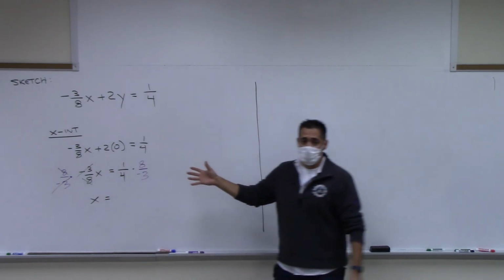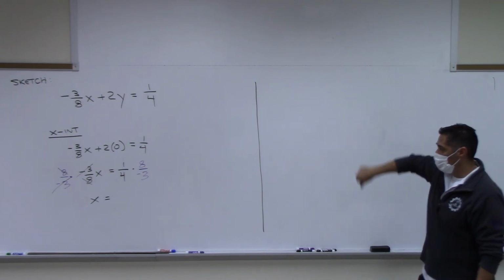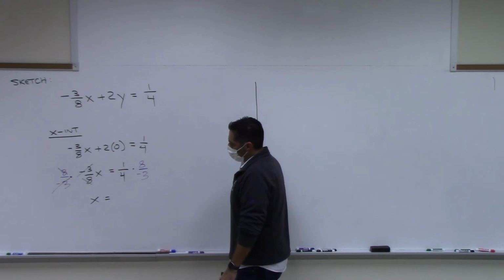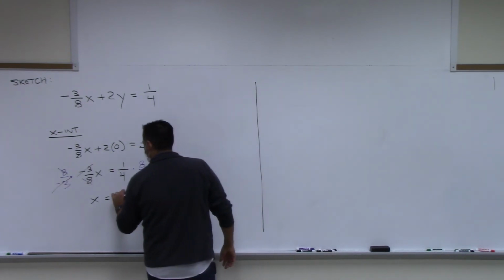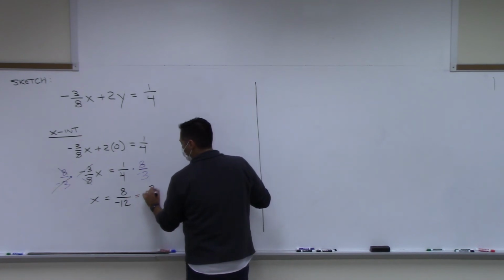And then on this side, when we multiply fractions, remember you go straight across, right? So we would get what here? 8 over negative 12, which you could reduce, right? 4 goes into both of those.